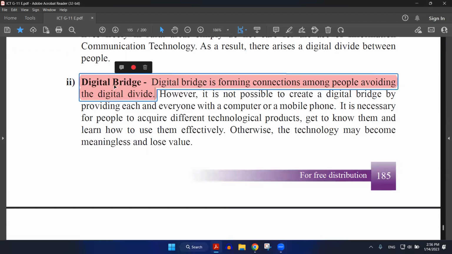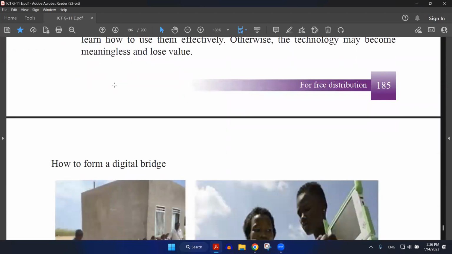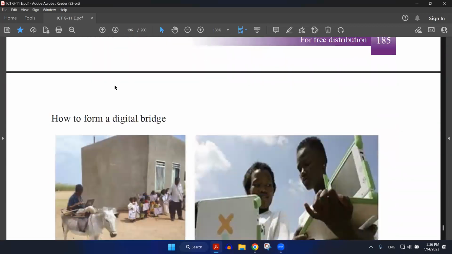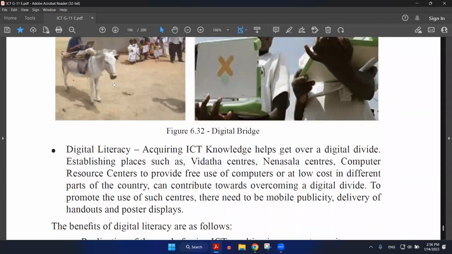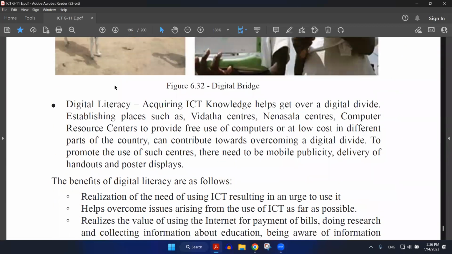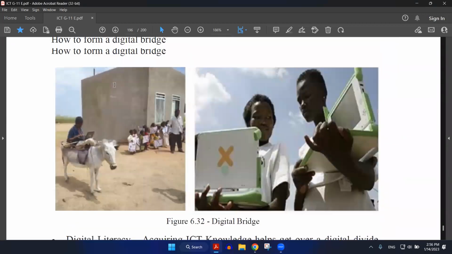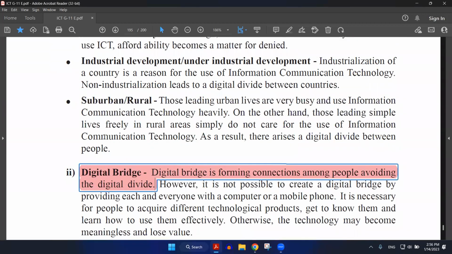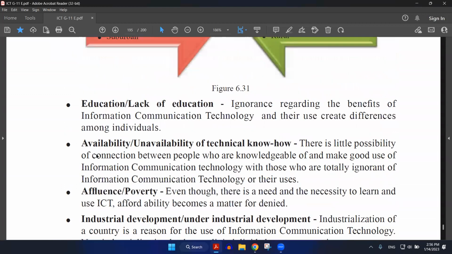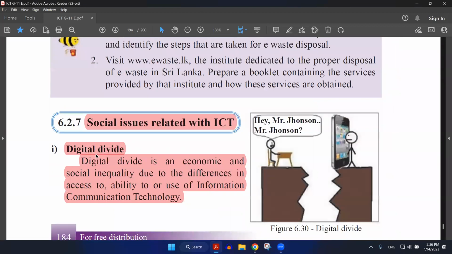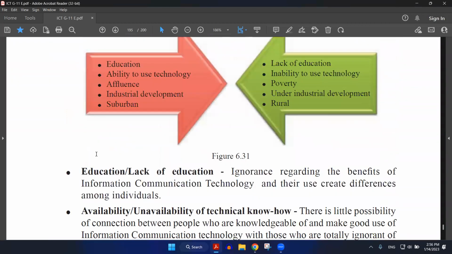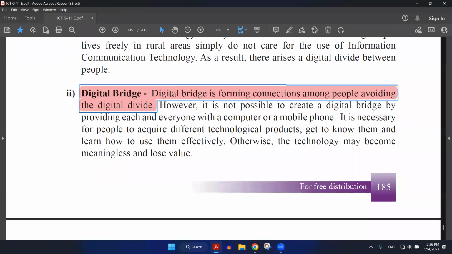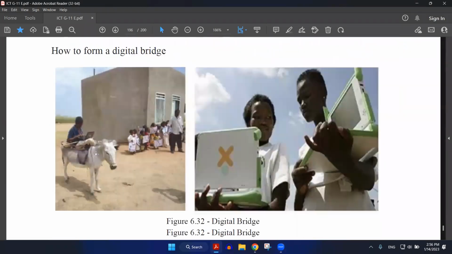So I think you are done with this digital bridge. So let's go to the latter part. So this should be written under the same topic, people. We are still under the digital divide topic, right? So the digital bridge is a separate point.